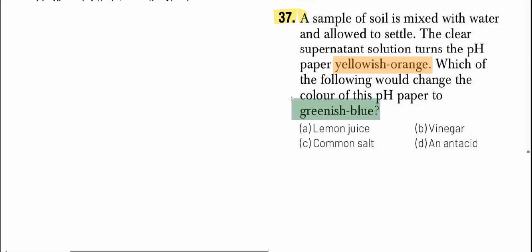Greenish blue is one which is basic in nature. So which one can make it basic? As you know, lemon juice is acidic, vinegar is acidic, common salt is neutral, and therefore antacid is what? A mild base. Only this can make this solution greenish blue.